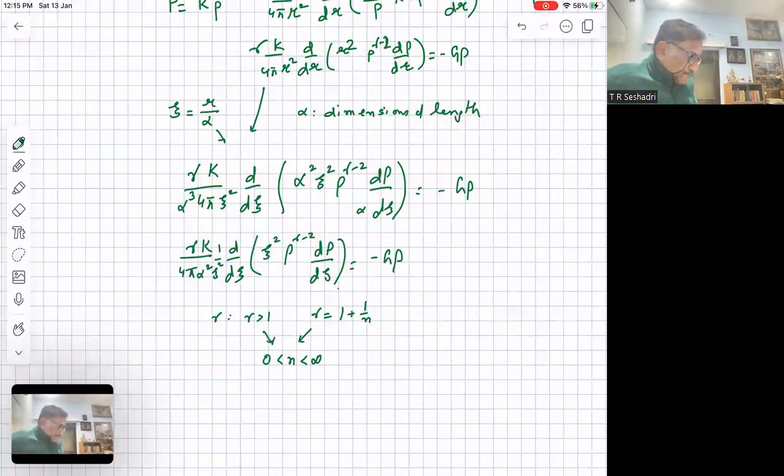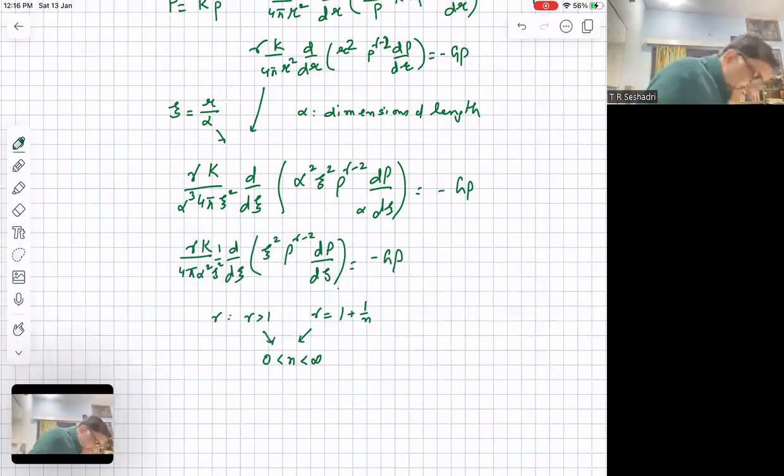Am I right? If gamma is infinity, then n is 0. When gamma is 1, sorry, n is infinity.